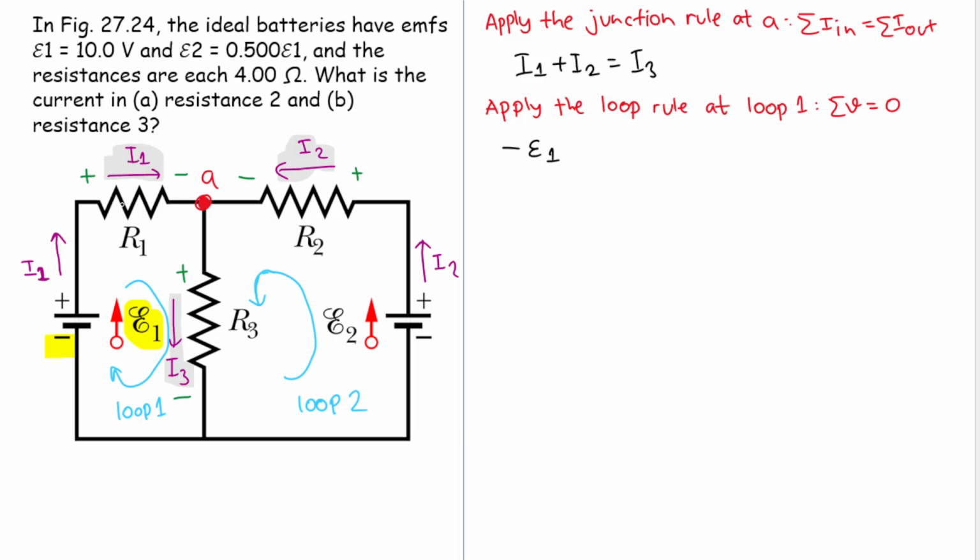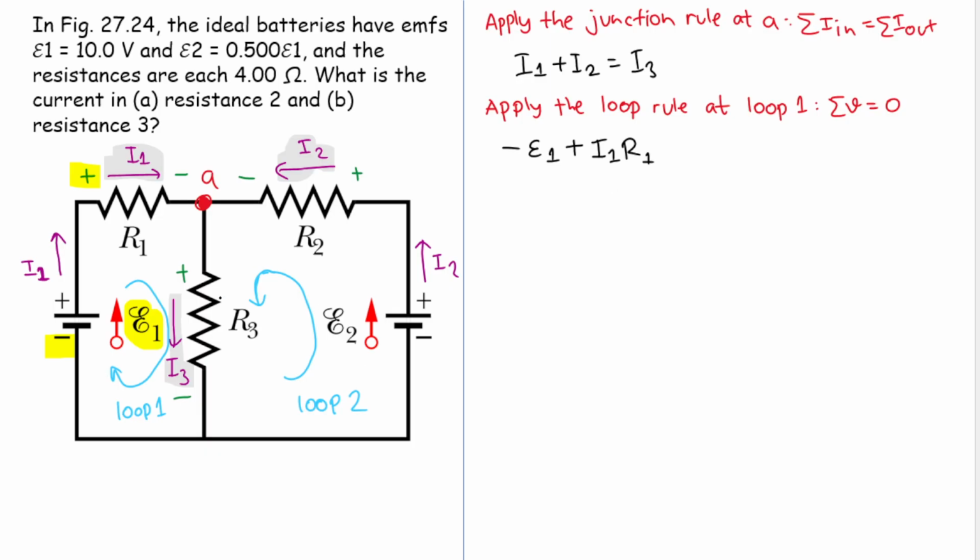Good. And then we move on to R1 here. The loop enters from the positive terminal, so we will have a plus sign. But remember, we need the voltage and we only have the resistance here. To get the voltage, we multiply it by the current, and the current that passes through it is I1. So I will have I1 multiplied by R1.